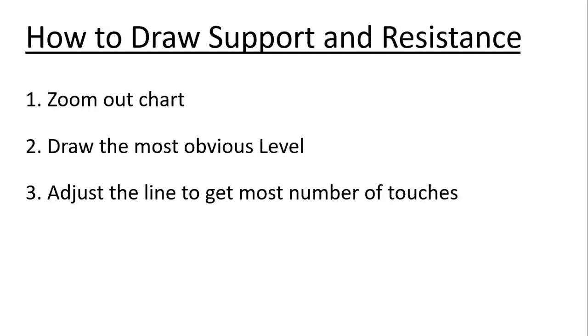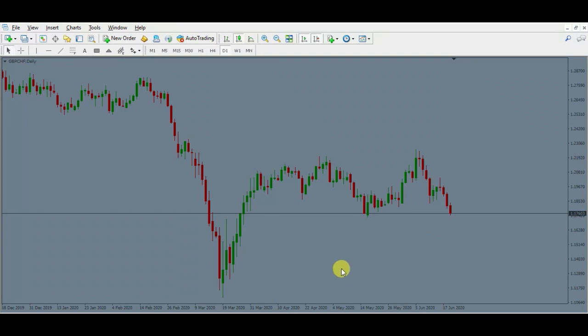Let's move to the chart so that I can show you some examples. Here is the chart. Normally we look at the chart something like that in this range, in the view option. So first of all, you need to zoom it out.